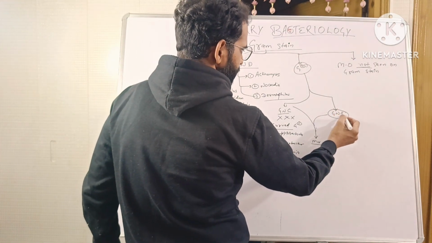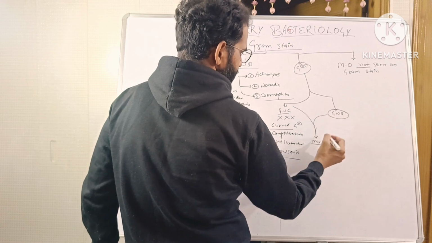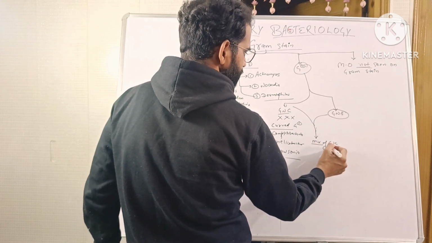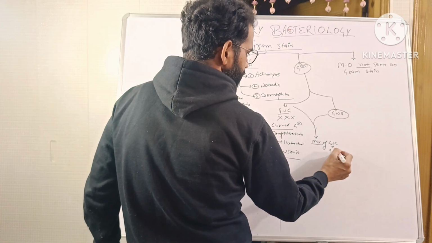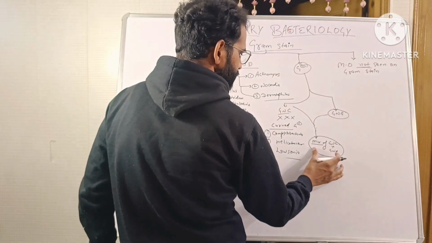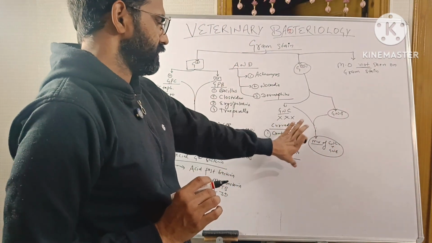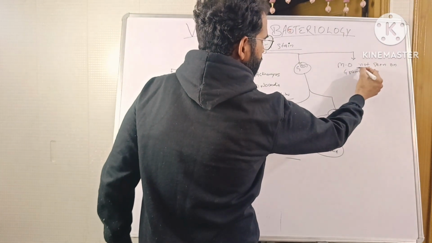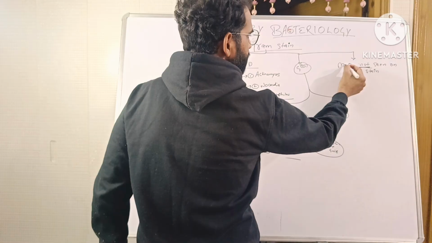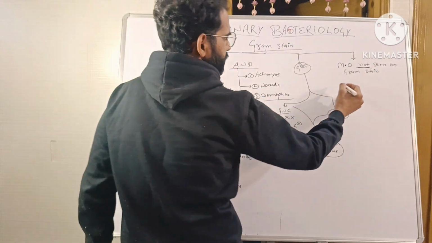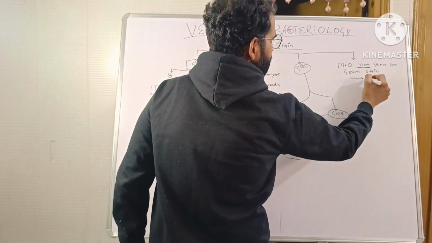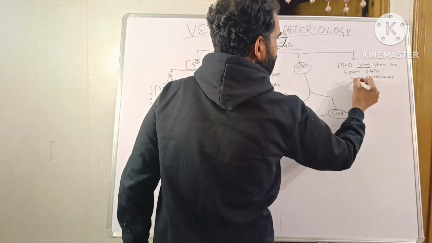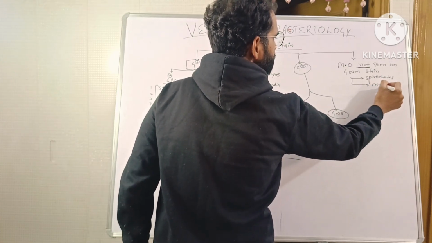Then gram negative bacilli, that is rod shaped bacteria, and a mixture of gram negative cocci and gram negative rods. We have some bacteria which are the mixture. There are also some microorganisms not seen on Gram stain: spirochetes and MCR.